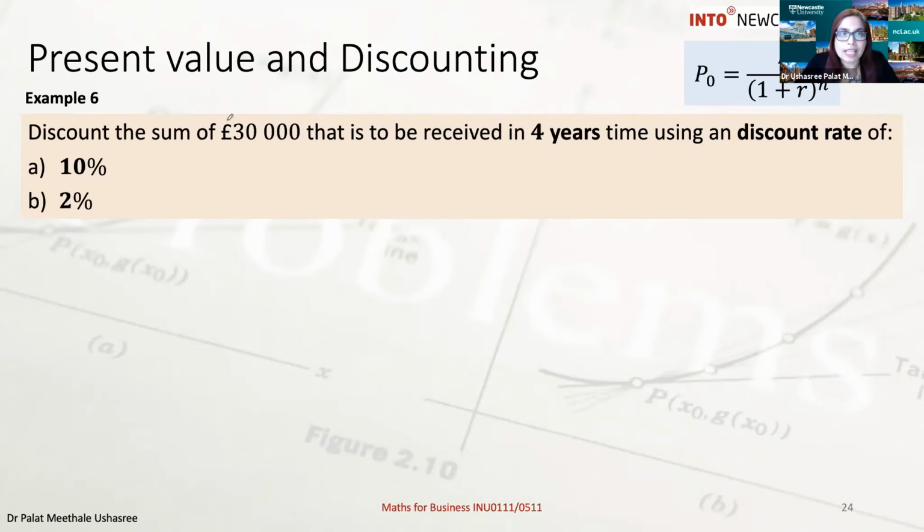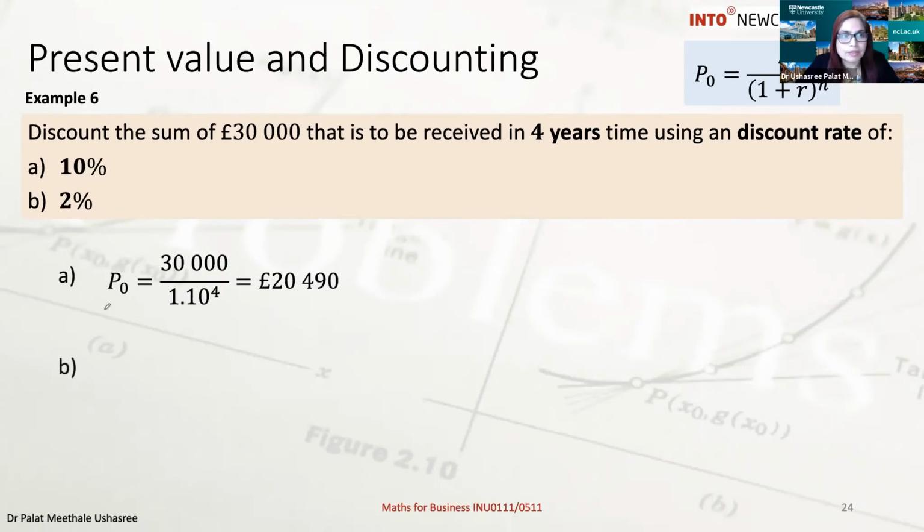So you have this principal amount given, the number of years given, the discount rate is given. Now find the present value using this formula. Okay, good, very good. You all have tried.